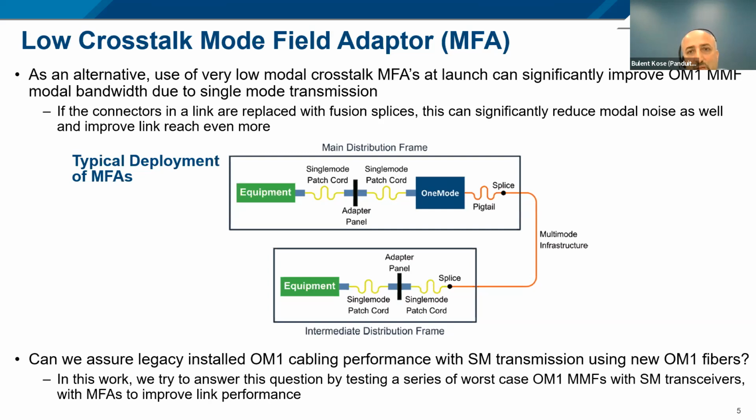Then from the single mode, you have this mode adapter, and basically everything else is spliced throughout the 62.5 micron OM1 multimode infrastructure. Then at the receive side, depending on the length of your infrastructure, you could use another one of these mode field adapters, which improves things more. Or if the length is not very long, let's say less than 800 meters or 500 meters or so, you may just go without the second mode adapter, and then after that you can splice single mode patch cords and so on. So it works quite well.